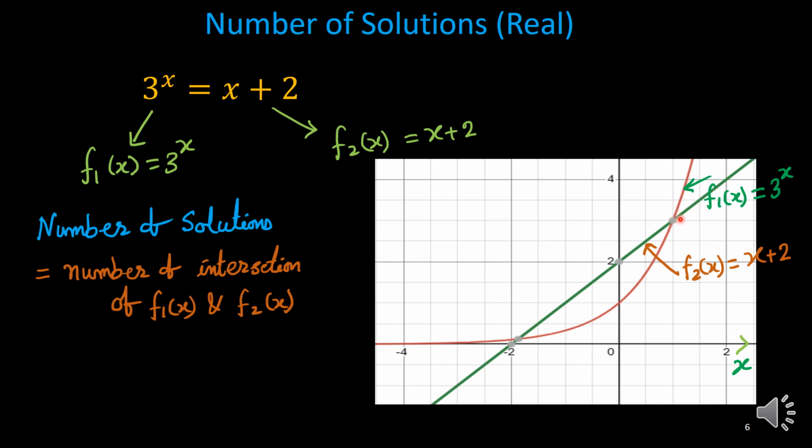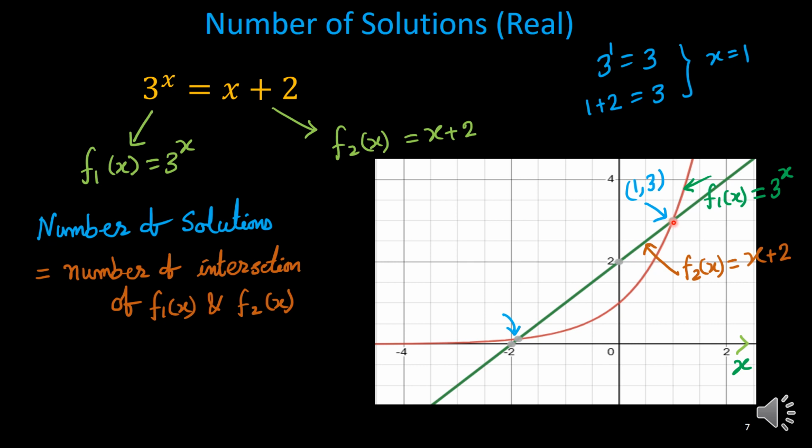And this point is very easy to find, because if I replace x equal to 1 here, 3 to the power 1 equals 3, and on the right side, if I replace x equal to 1, 1 plus 2 equals 3 again. It implies that this curve has the point (1, 3), and this straight line also has the point (1, 3).